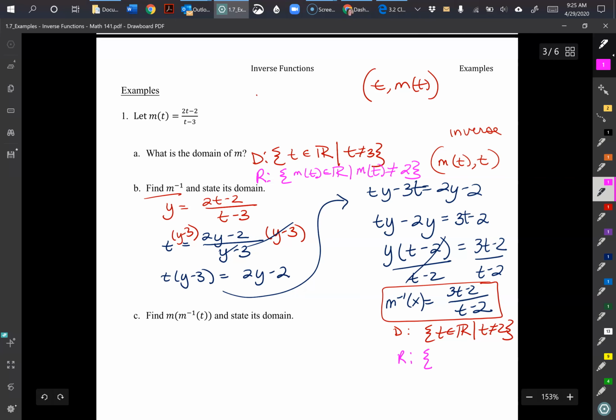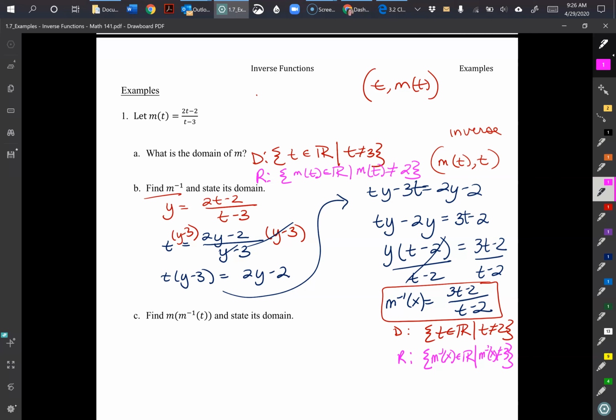So the range is m inverse of x, an element of real numbers such that m inverse of x is not equal to 3. That's something that I know people get hung up on, but if you just think that the range and the domain of the inverse switch, right? It's just a helpful thing to really start to get down.